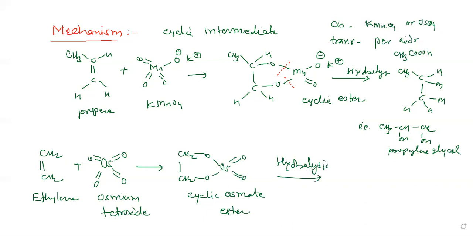and on further hydrolysis, the bonds between osmium and oxygen are broken, and we get the product CH2OH, CH2OH, which is called ethylene glycol.